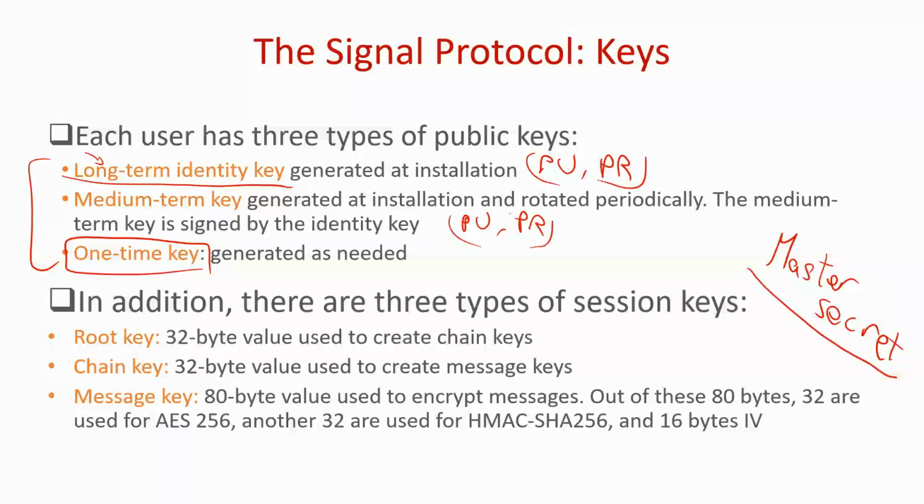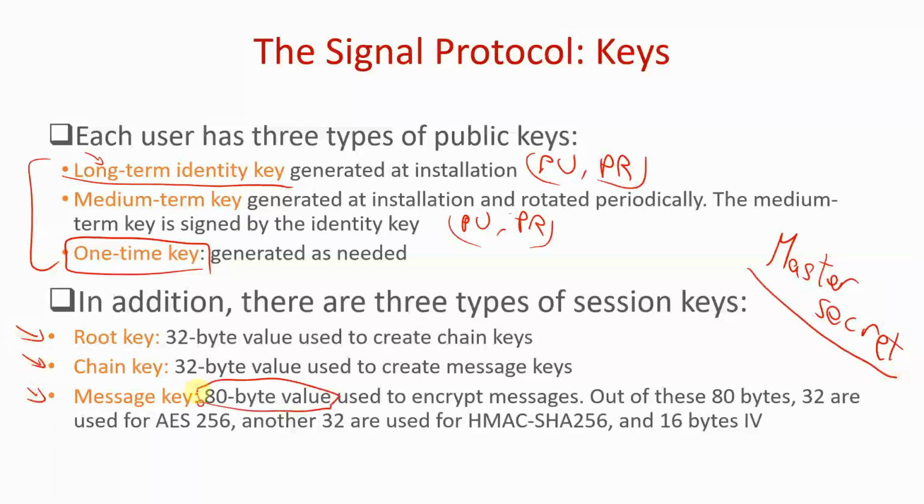Once you generate the master secret, you feed it to something called the key derivation function. The key derivation function is nothing but a constant algorithm. You feed it a master secret and out comes the root key. The root key is 32 bytes. You feed the root key to another key derivation function to generate a chain key, and you feed the chain key to another key derivation function to generate the message key.